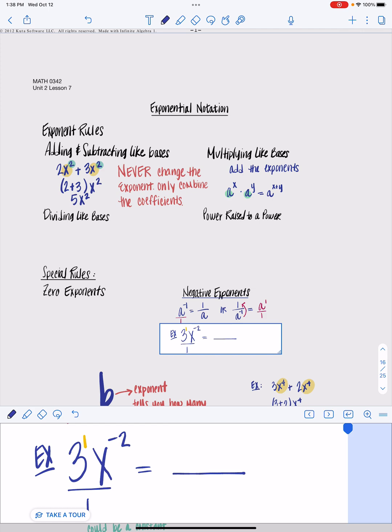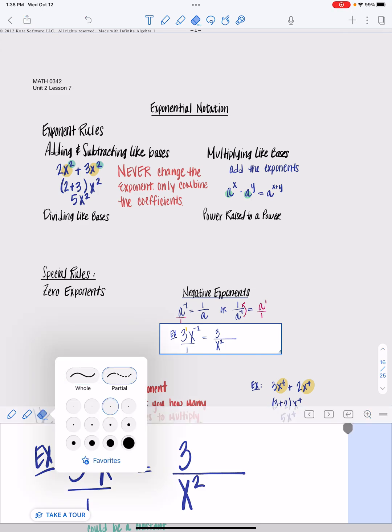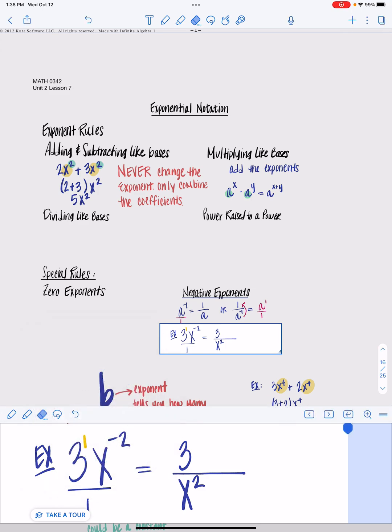It has a positive 1, so it gets to stay where it is. This guy, the x, has a negative 2 for an exponent, so it has to switch sides of the fraction. That's what we're looking for when we ask you to write something with a positive exponent, and you'll get some extra practice with that in just a minute.